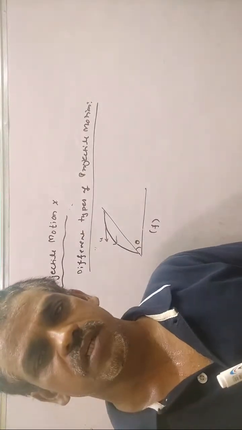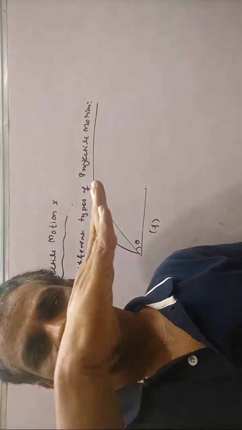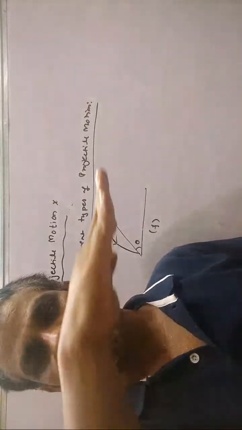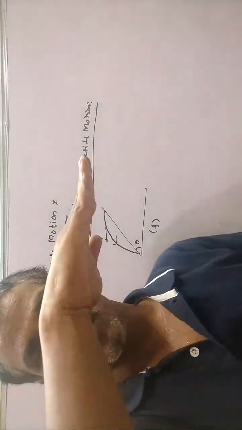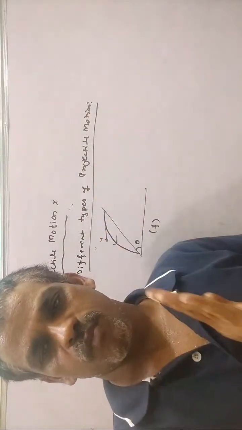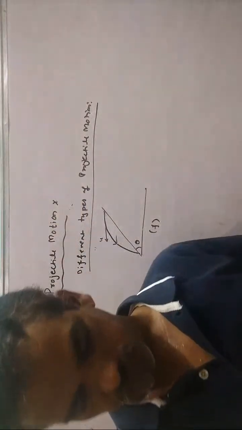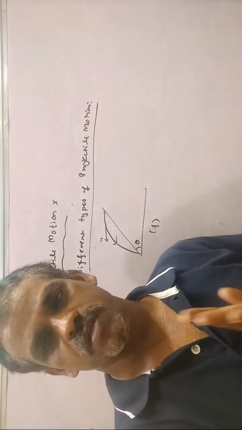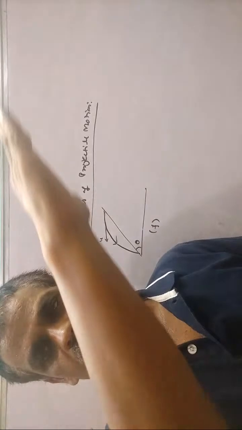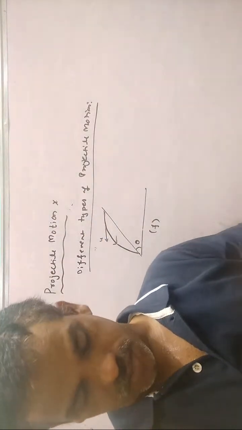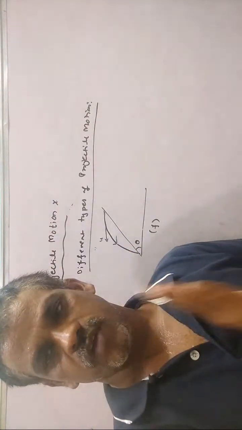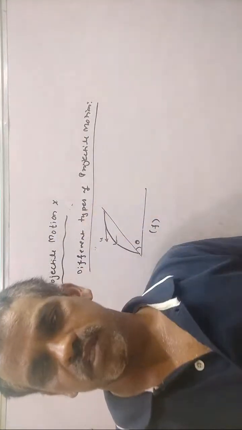Then horizontal projection, where the velocity vector is not making any angle with the x-axis, it is parallel to it. One more type is oblique projection from a height. Next, downward projection from a height.